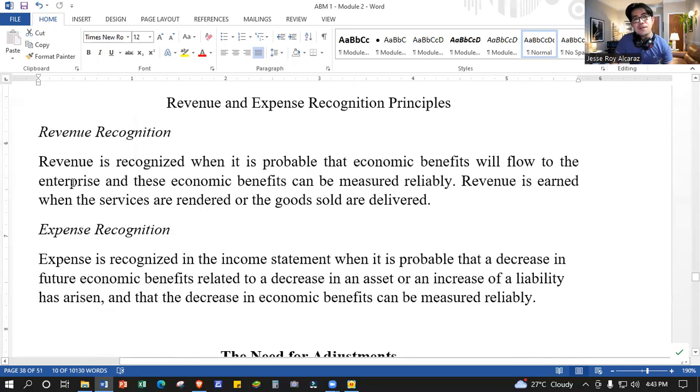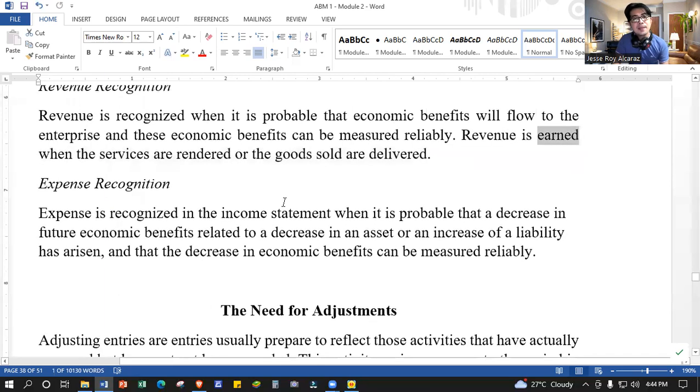What about revenue and expense recognition? Revenue is recognized when it is probable that economic benefits will flow to the enterprise, and these economic benefits can be measured reliably. Revenue is earned when the services are rendered or goods are sold and delivered. So following the accrual basis of accounting, revenue is only recorded when earned, meaning services have been rendered and goods have been delivered.